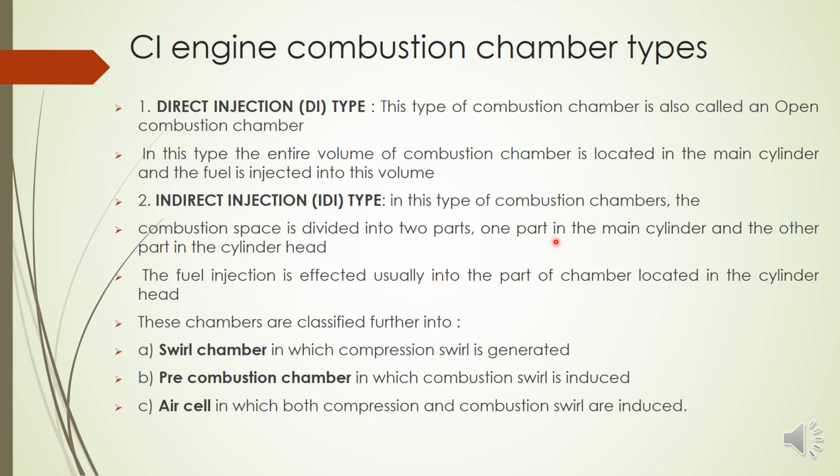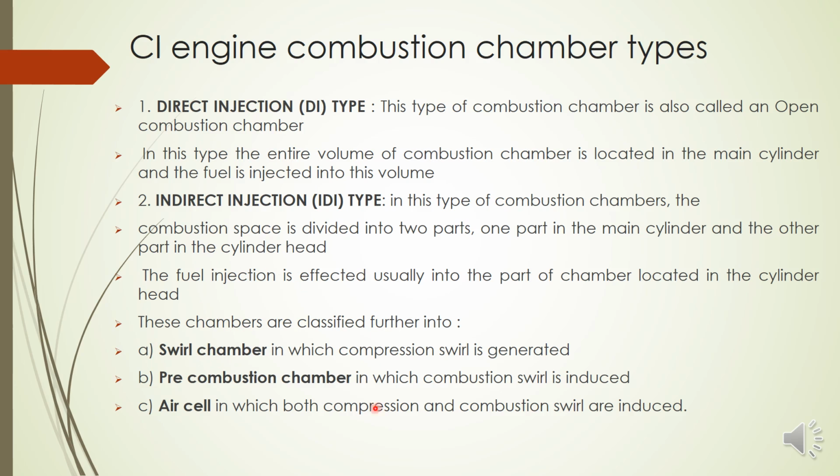Based on design, we can broadly classify it into 2 categories. One is direct, in which there is only one volume of combustion chamber, and in this we are using induction swirl. The other one is indirect type, in which we have a minimum of 2 combustion volumes, one main combustion volume in the cylinder and another small one in the cylinder head.